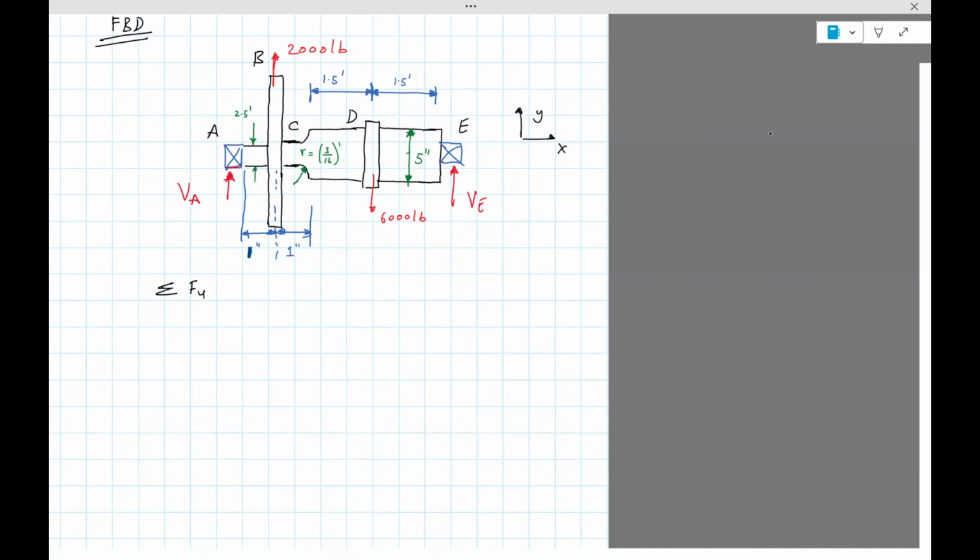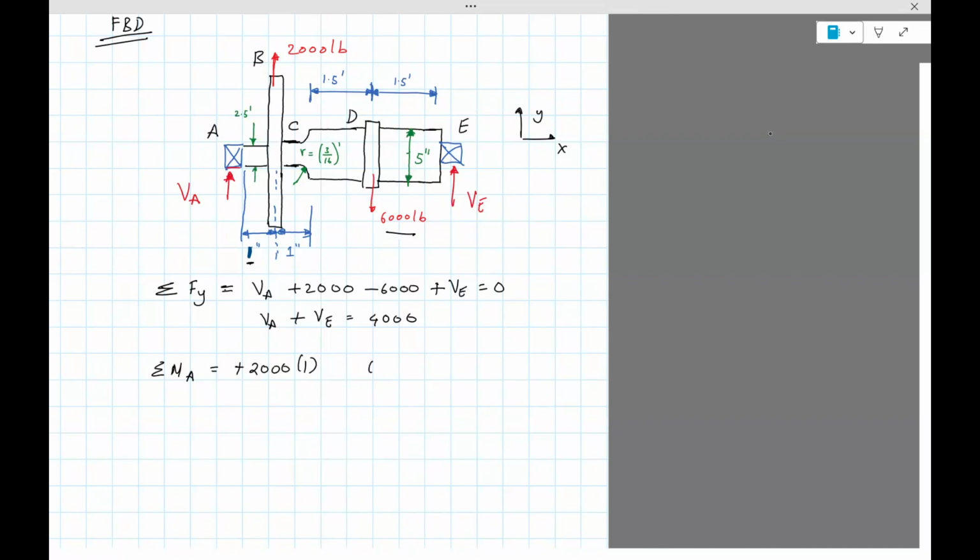Summation of forces in the Y direction is equal to VA plus 2000 minus 6000 plus VE equals 0. So that gives me VA plus VE equals 4000. And then I can do moment about any point. Let's do it about point A. So we have 2000 acting at a distance of 1 inch. That would be a moment in the counterclockwise direction, so positive.